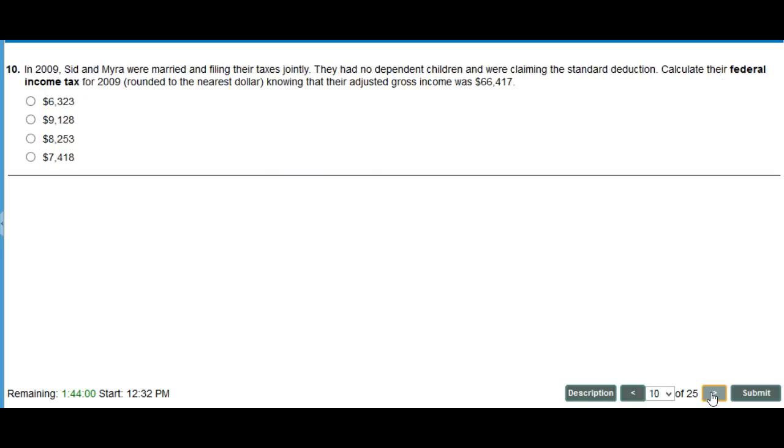Question 10. In 2009, Sid and Myra were married and filing their taxes jointly. They had no dependent children and were claiming the standard deduction.